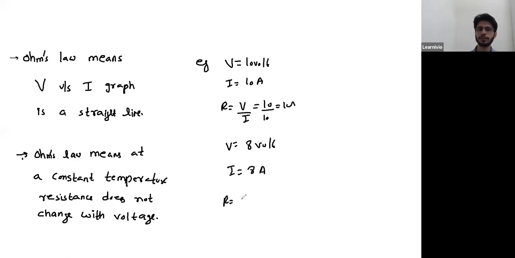So resistance will remain 1 ohm. This is physically Ohm's law: on changing voltage and current, your resistance will not change. If it does not change, that means your system is obeying Ohm's law.